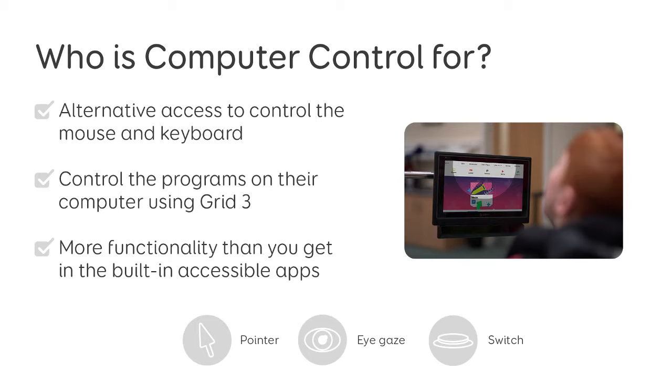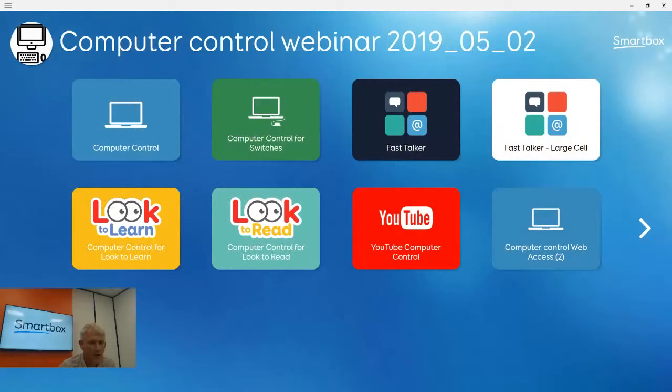Okay. So what we're going to do now is to move on to think about how and what computer control is within the grid. So I'm going to switch now into the Grid 3. And you should see on my screen that I've already set up a user with a number of resources on it.